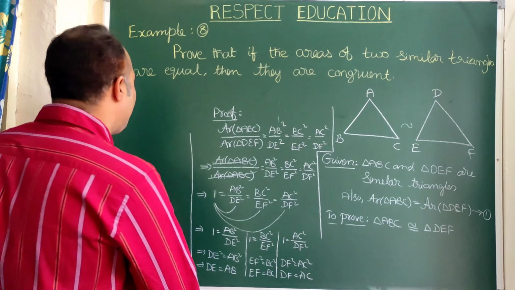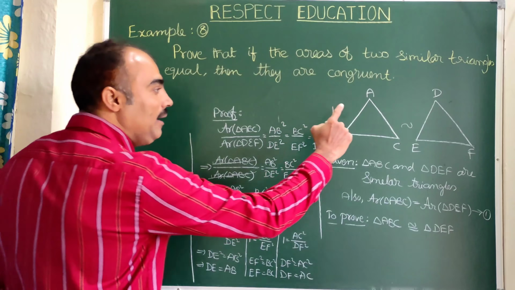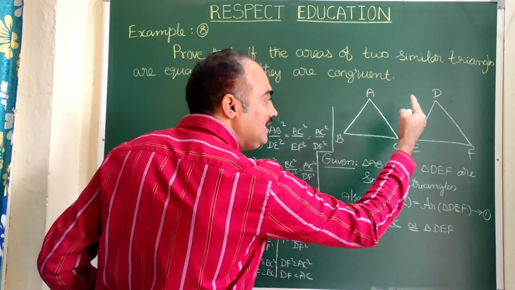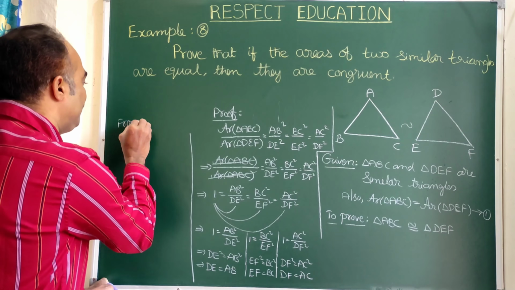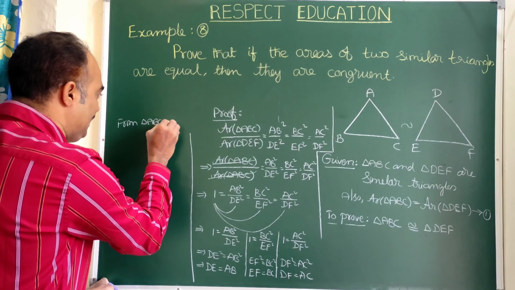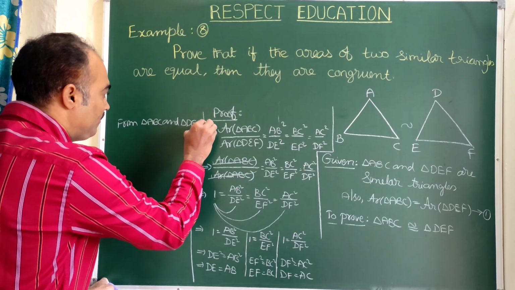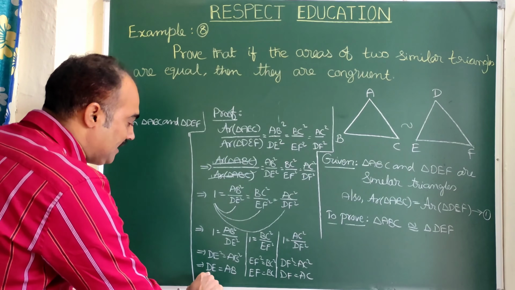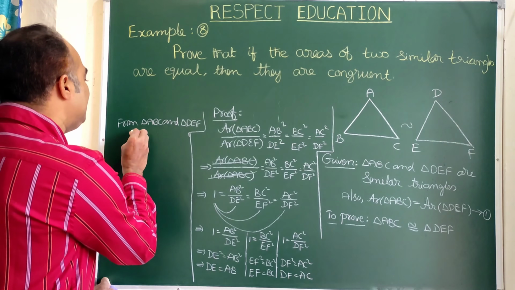Now you compare these two triangles, triangle ABC and triangle DEF. Here we can say DE is equal to AB. We can write it as AB equal to DE.